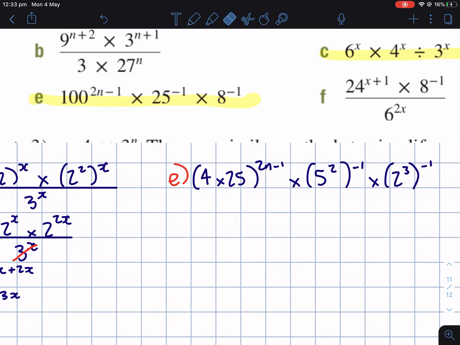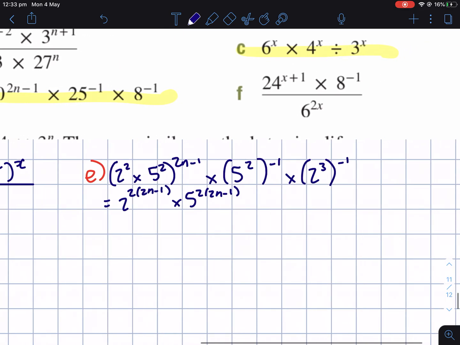The problem here, 4 is the same as 2 squared. 25 is the same as 5 squared. Now I can work. So that's 2 to the 2 times 2 take 1, times 5 to the 2 times 2 take 1, times 5, 2 times minus 1, negative 2, times 2, 3 times minus 1, negative 3.